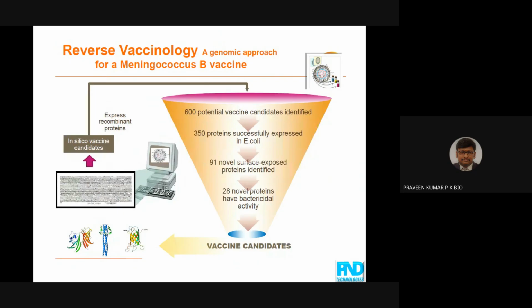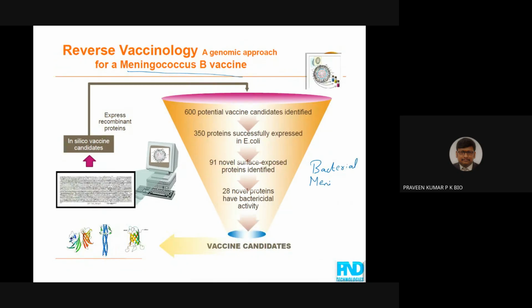Now, if you come to reverse vaccinology, the first vaccine discovered from reverse vaccinology is the meningococcus B vaccine. This is used to treat bacterial meningitis infection.